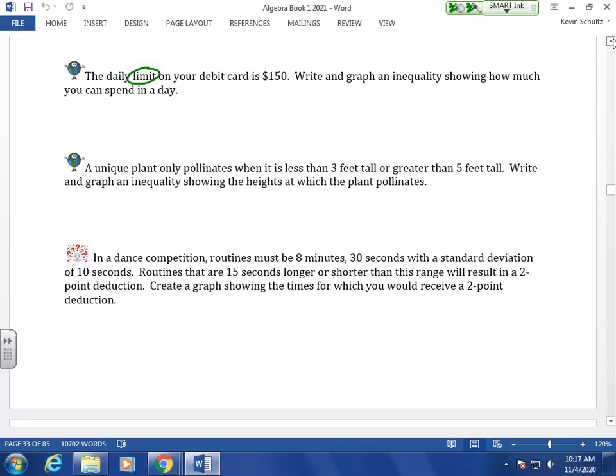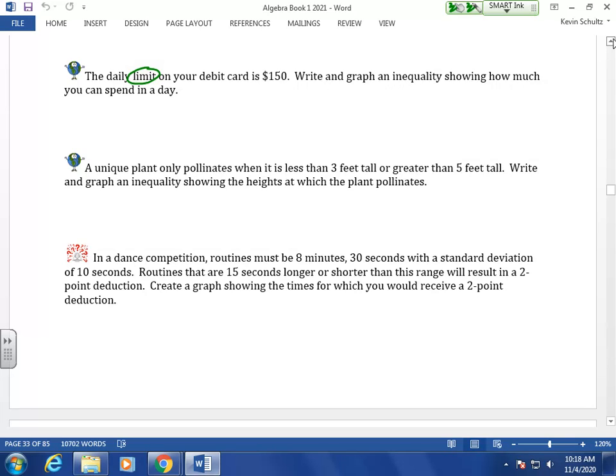Now, since we are working with compound inequalities, what should your graph look like? A compound inequality, right? So it's going to either be an and statement or an or statement, okay? If it's not, then you need to revisit and make sure you're thinking about it correctly. But your daily limit on your debit card is $150. What are the possible amounts of money that you could spend in a day?